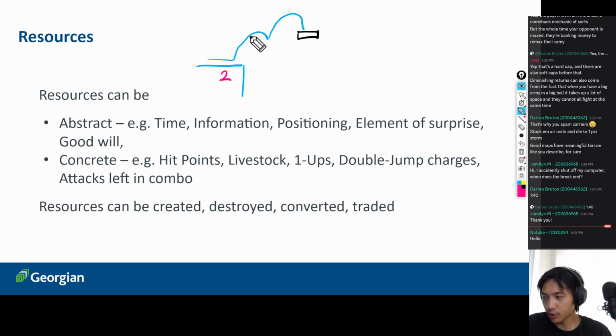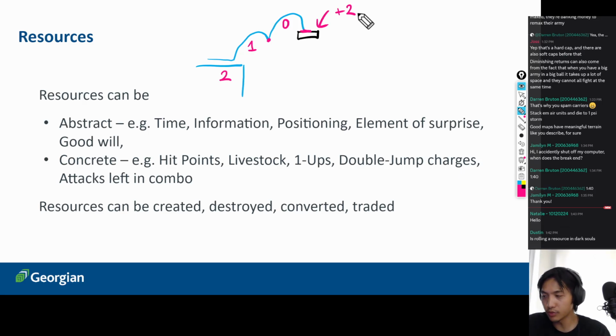You start with two jump charges. When you jump from the ground, you spend one, so now you have one jump charge, and then you can spend it again to now you have zero jump charges, and then when you touch the ground, it'll refund you up to two. It'll refill it to the max. So you get this when you touch the ground.